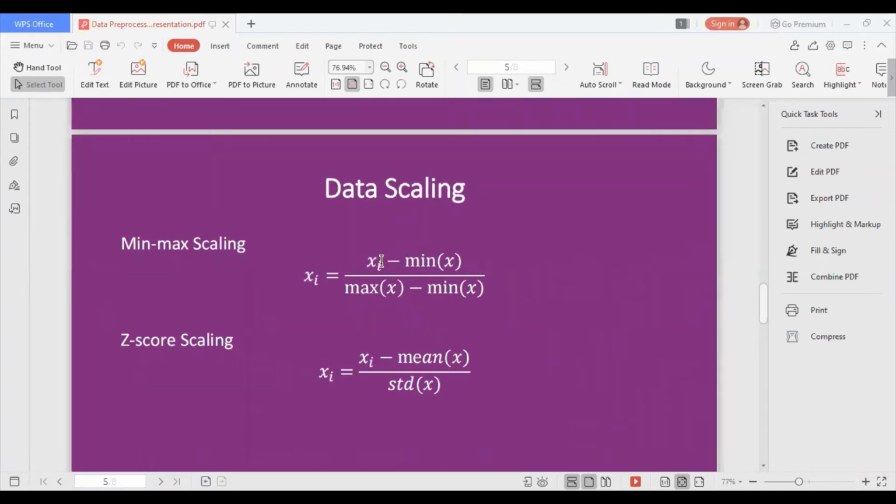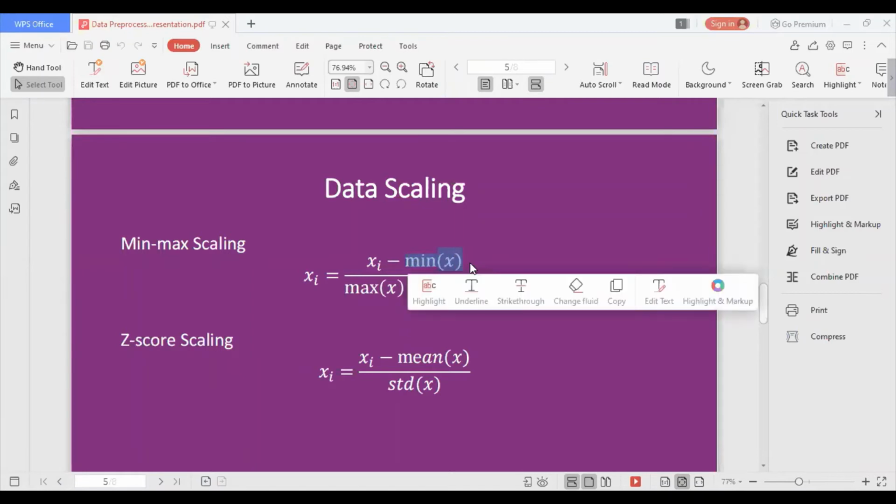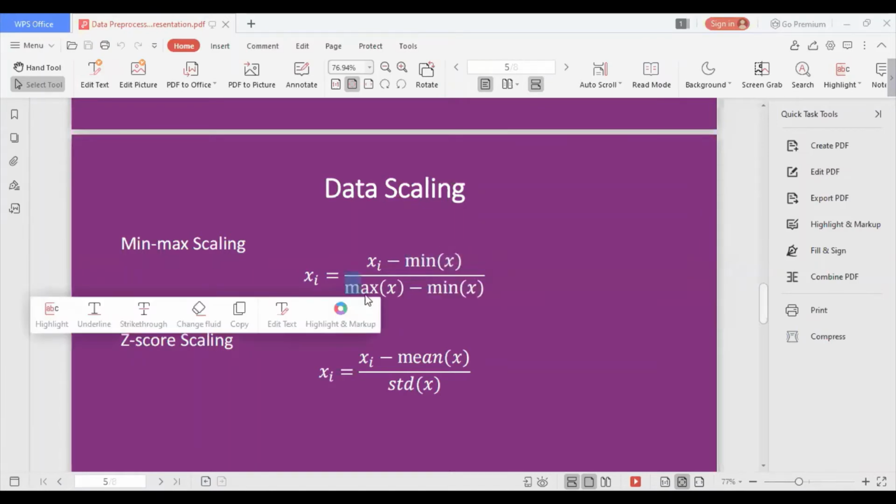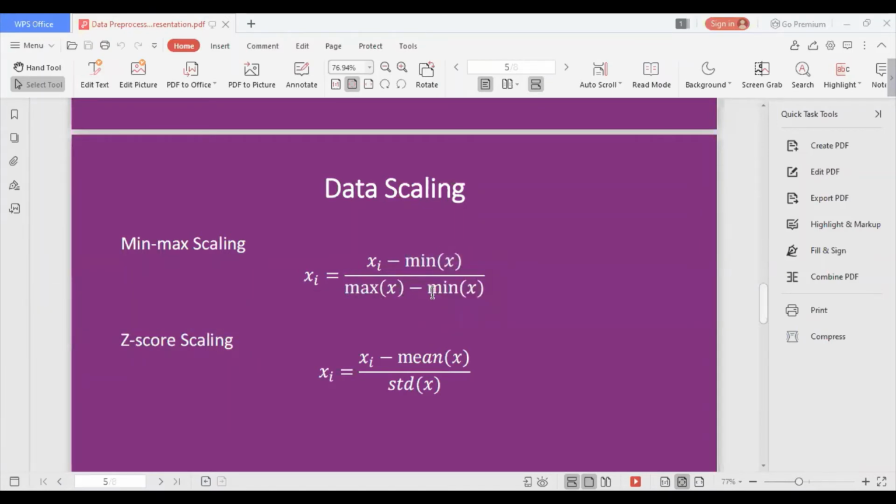So each of these data points is going to be subtracted from the minimum value. Then the maximum value is going to be subtracted from the minimum value. So you divide your numerator with your denominator. So we scale the data set into a range of 0 to 1 using min-max scaling. Did you get that?